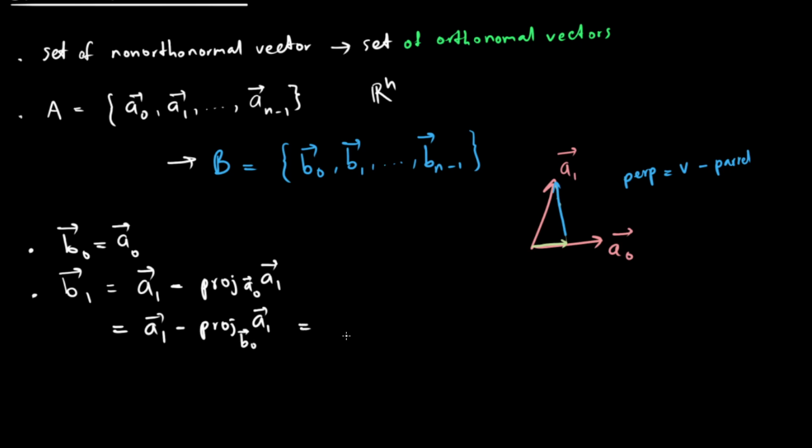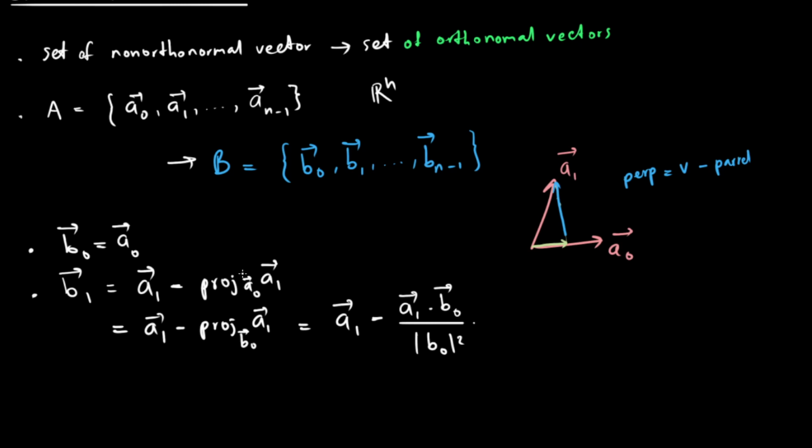We can further expand this, because the projection of a vector can be written as the scalar dot product between A1 and B0 over the length of B0 squared, and finally times B0.